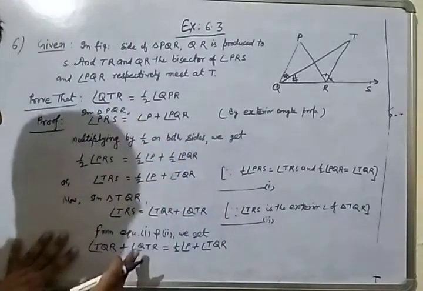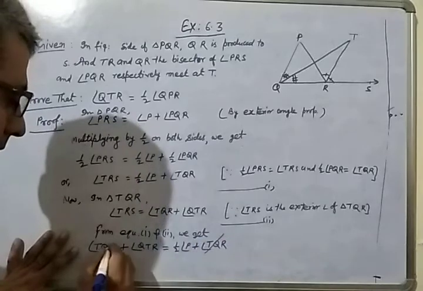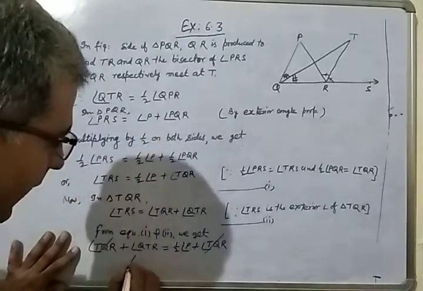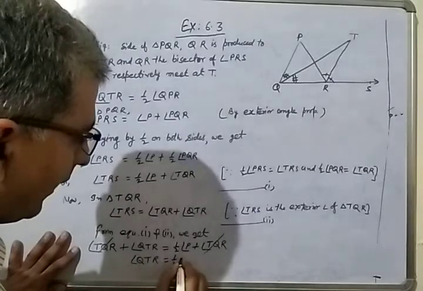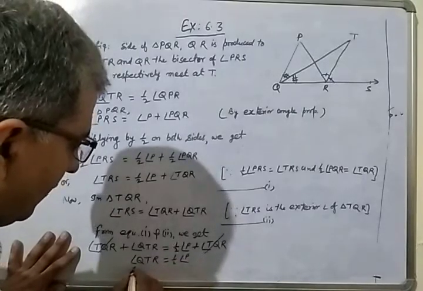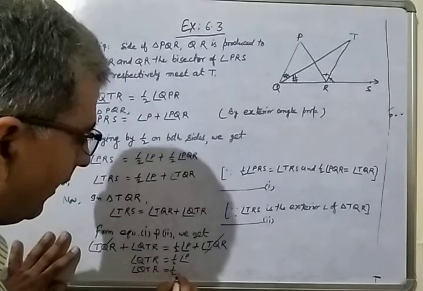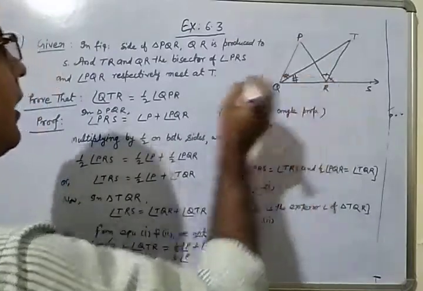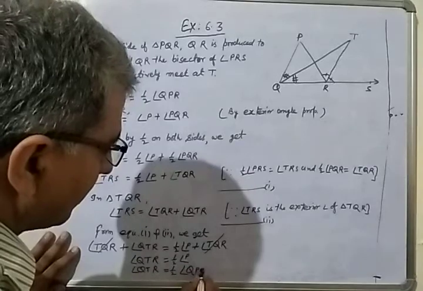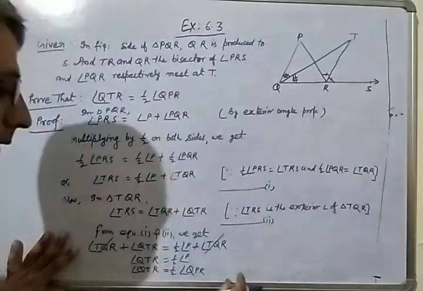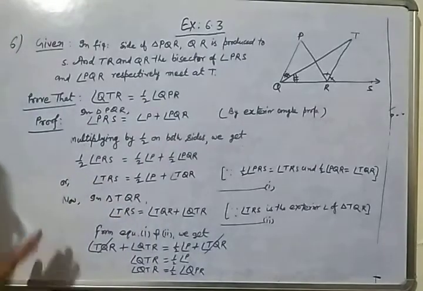Here, see here, angle TQR on both sides will be cancelled, and we are left with angle QTR equals half angle P, or this can be written as half angle QPR. So hence the result, hence proved. This is the answer. The exercise is completed.